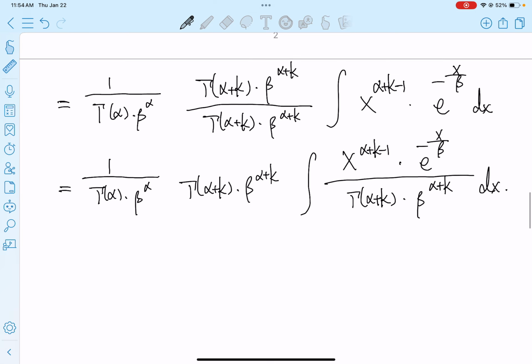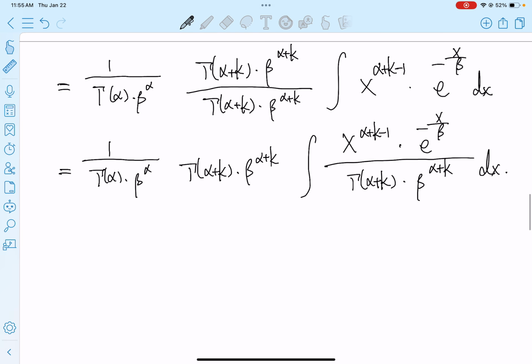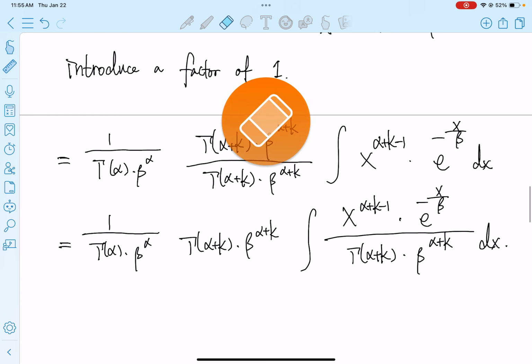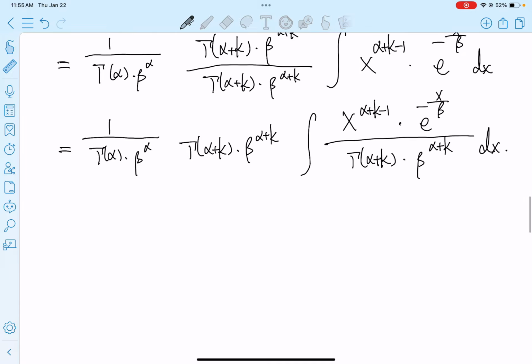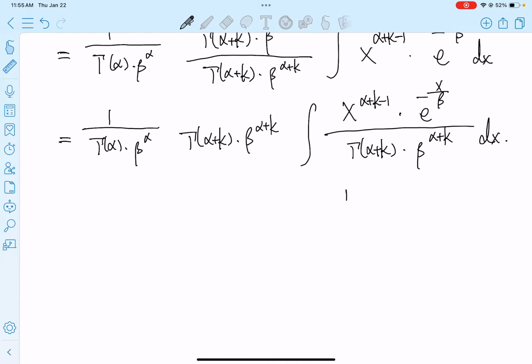Okay, so now you will notice that introducing a factor of 1 does not alter the quantities. But when we leave the numerator outside the integral and the denominator inside the integral, we essentially construct a probability density function of x that follows a gamma distribution with alpha plus k and beta.